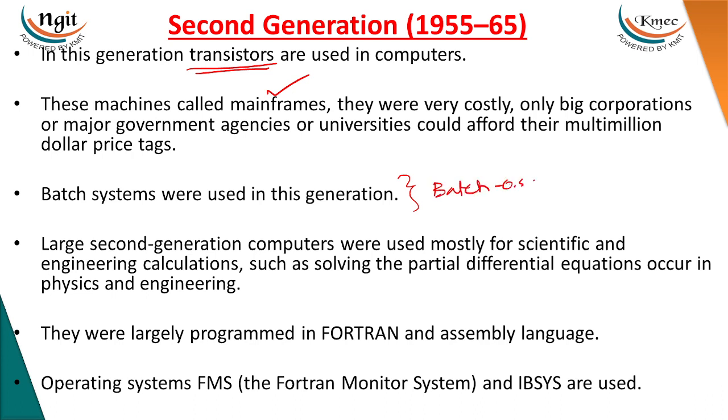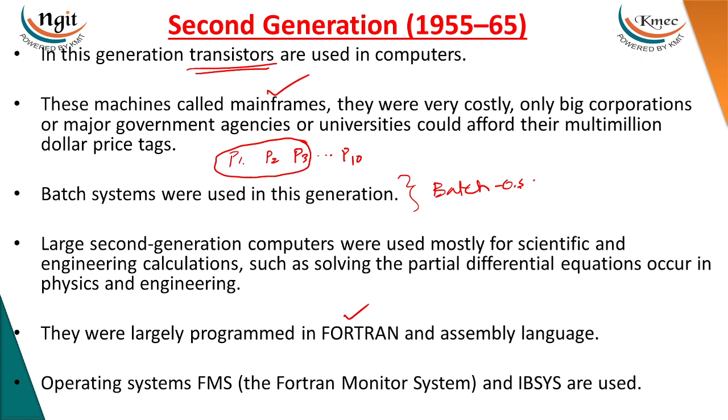Okay. So the operating system used here is the batch operating system. We will discuss the batch operating system later. What is meant by a batch system? There are some programs P1, P2, P3, P4 up to P10 and so on. Similar types of programs are grouped together. Suppose the language used in this second generation is Fortran, and out of 10 programs, three are related to Fortran.